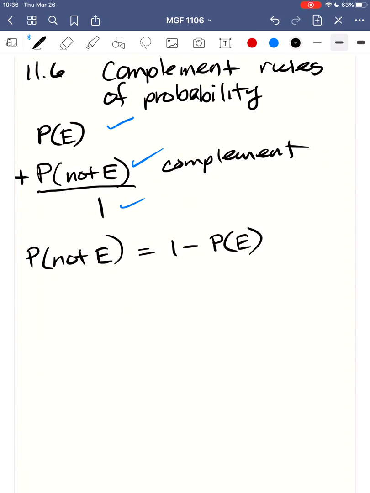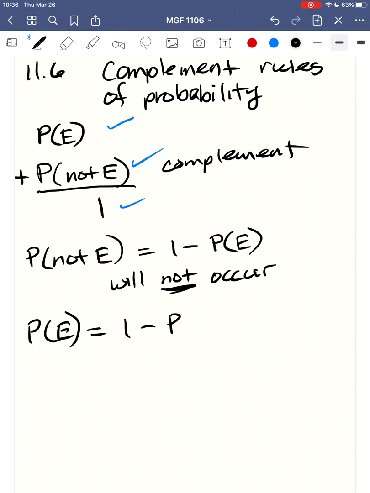So this is will not occur. The probability of the event occurring is equal to 1 minus P not E, and this is the probability the event will occur.